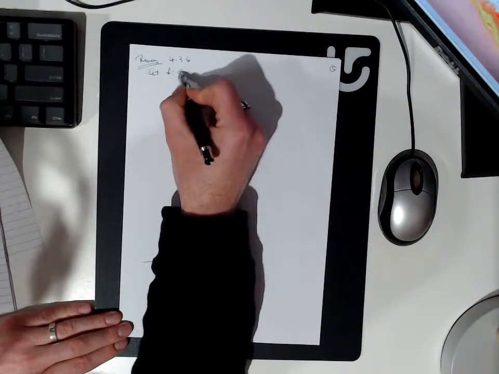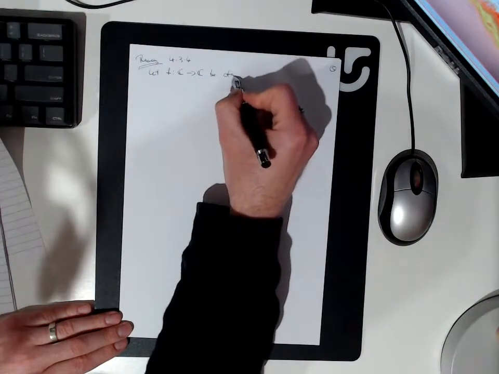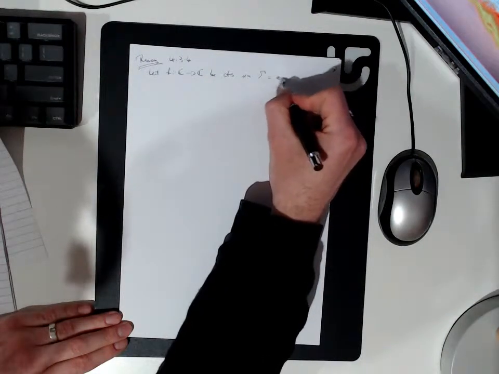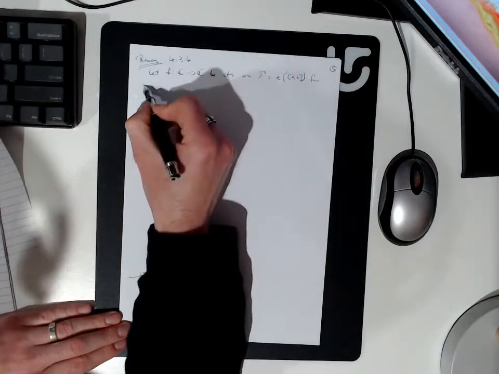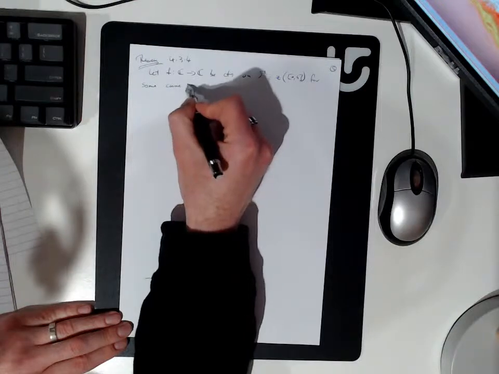So let f from the complex numbers into the complex numbers be continuous on gamma equal to z of [a, b] for some curve z.